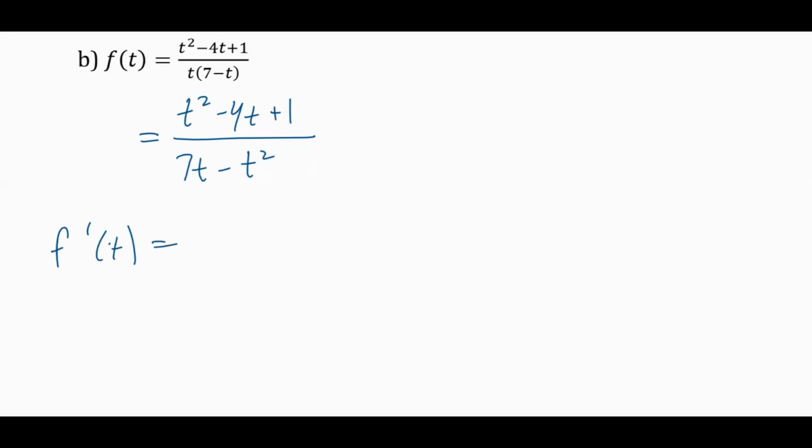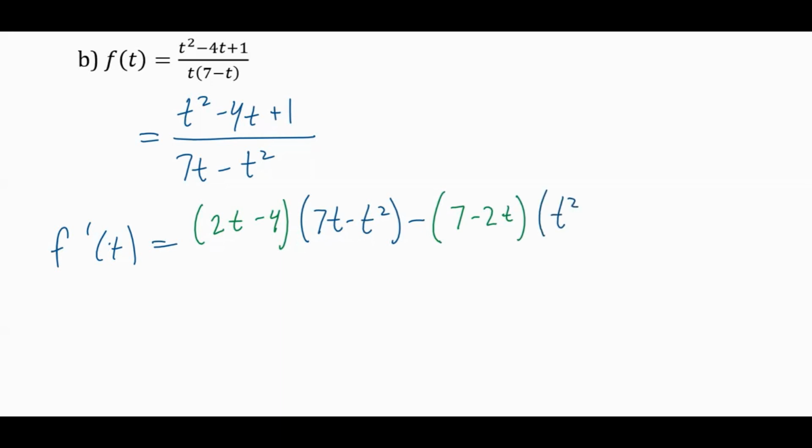So now it's the derivative of the top, which is 2t minus 4, times the bottom, minus the derivative of the bottom, which is 7 minus 2t, times the top, all over the bottom squared.